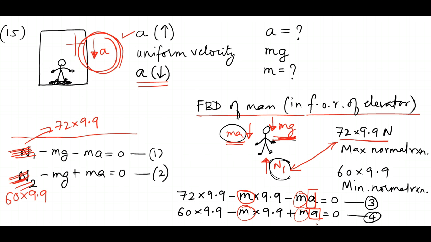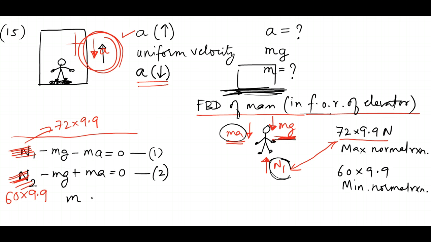So you can solve them, and finally you will get an answer for m, and m turns out to be 66 kilograms. And when we find the answer for a, it turns out to be 0.9 meters per second square. And these are the two answers which we are seeking.